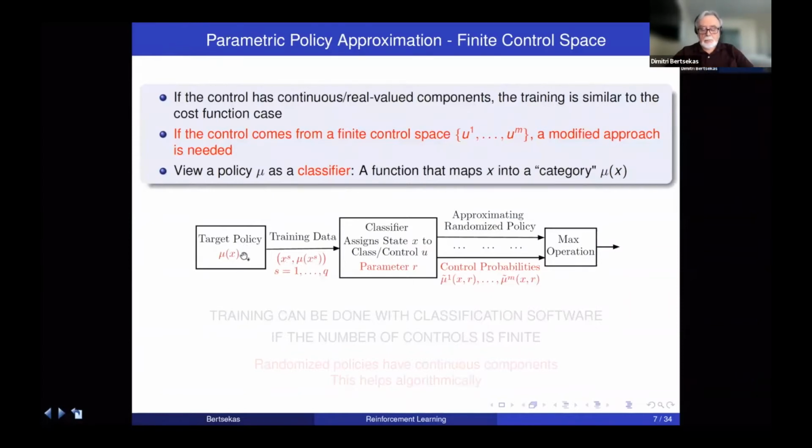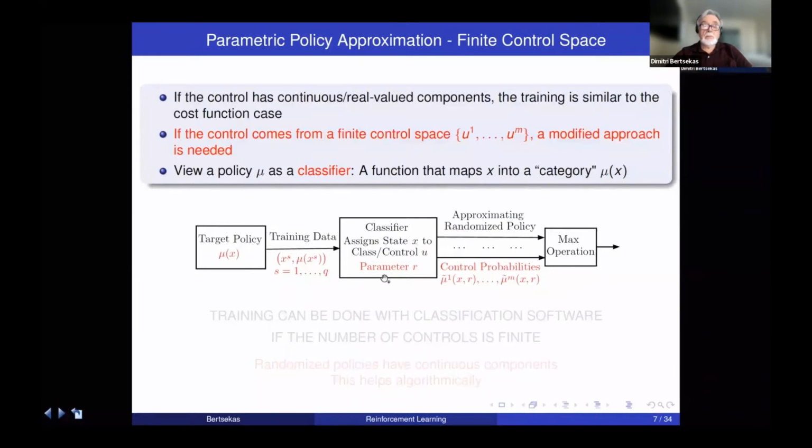This target policy may be, for example, the rollout policy corresponding to a given base policy. We have ways to calculate the values of the rollout policy, and when you do that for many states, we obtain training data. This training data is fed into a classifier which assigns state x to control u. There's only a finite number of u's here, or categories, and they depend on a parameter.